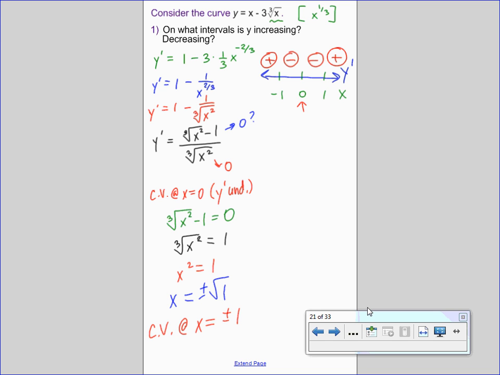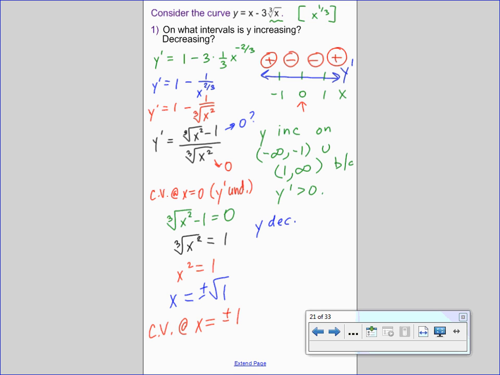So, y is increasing on negative infinity to negative 1, union 1 to infinity, because y prime is positive.